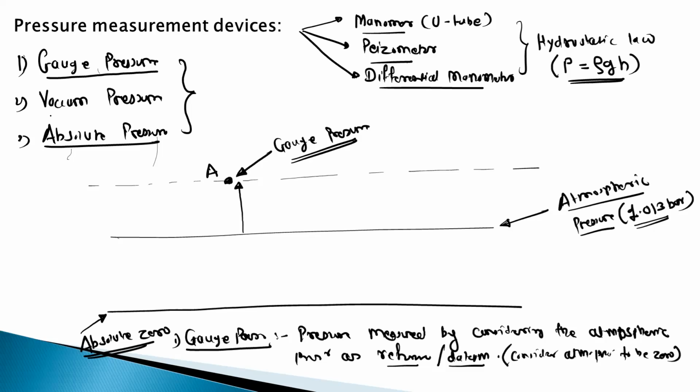What is vacuum pressure? Suppose I select one point which is below the atmospheric pressure line. At the point B, if you measure the pressure, let's take this PB, then this pressure is called a vacuum pressure. Vacuum pressure is defined as the pressure below the atmospheric pressure.